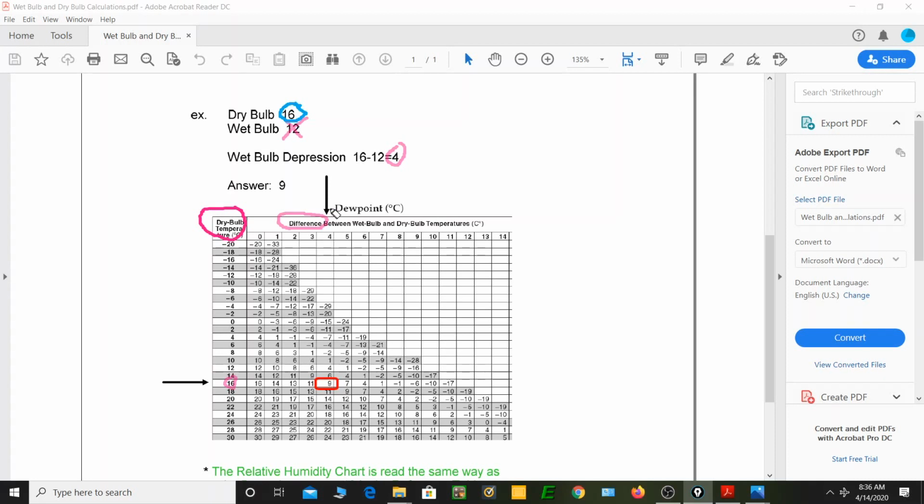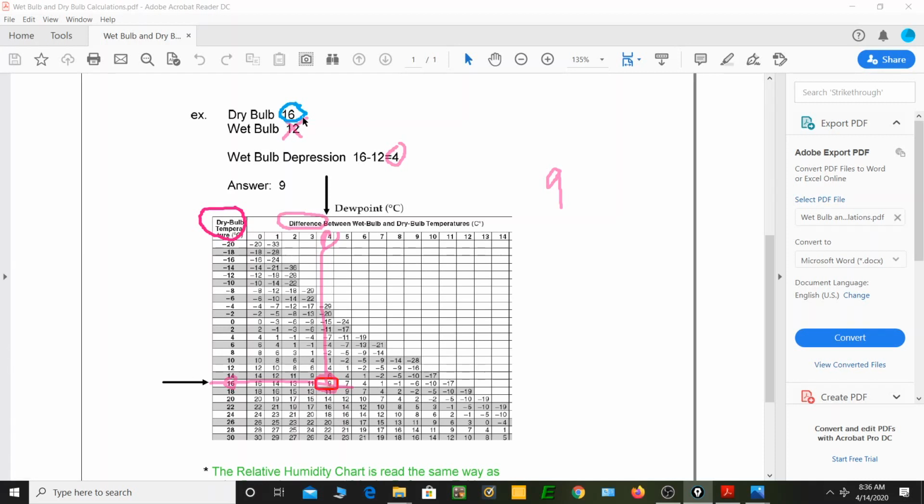This is the difference, so you have to subtract these two. So you take your dry bulb, go to 16, read across, go to the wet bulb depression, which is 4, find it up here, and wherever they meet, that's your answer. So your dew point is 9.